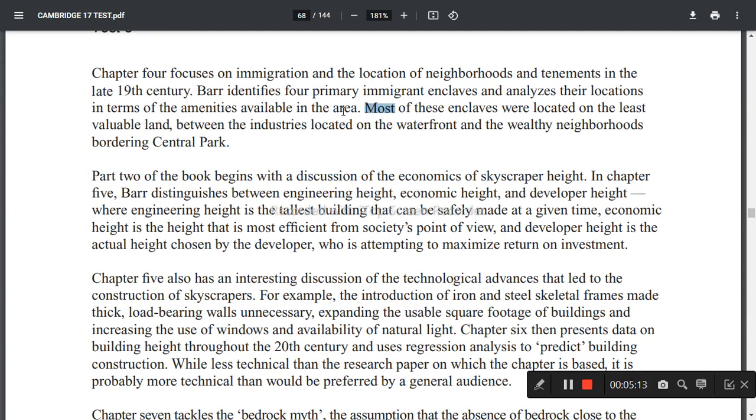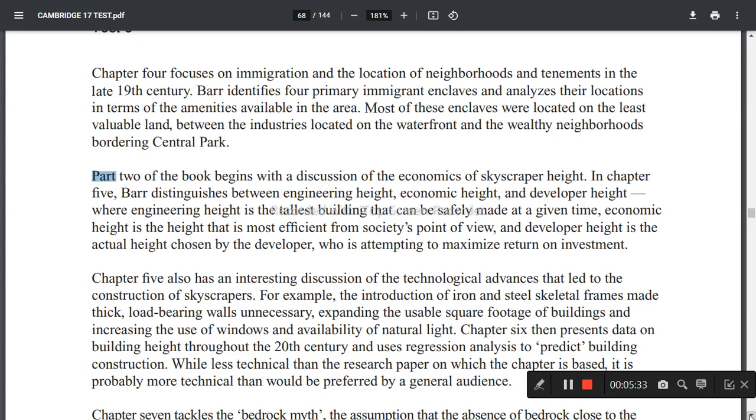Most of these enclaves were located on the least valuable land, between the industries located on the waterfront and the wealthy neighborhoods bordering Central Park.